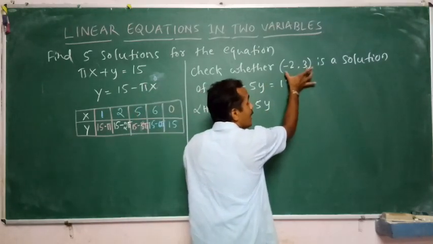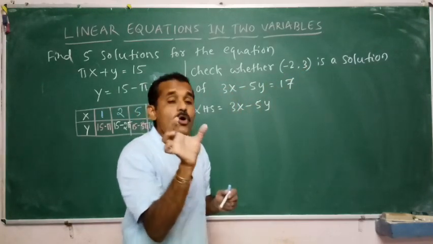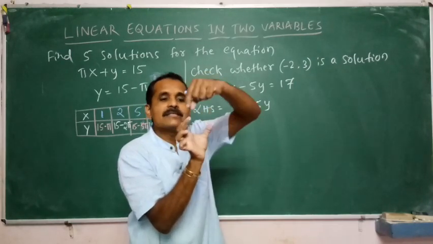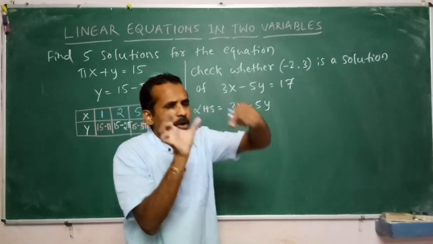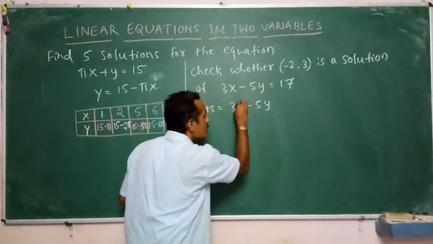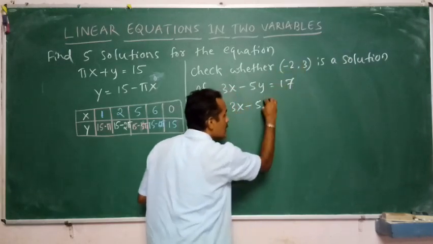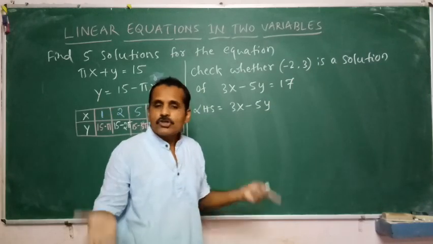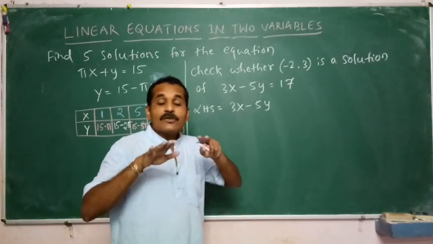In the place of x, I will substitute this value. My dear children, keep this point: this is called a coordinate. The first value represents the x value, the second value represents the y value. This is the value of x, I will substitute here, and this value I will substitute here. If I get the answer 17, I can say it is a solution of the equation. Otherwise, it is not a solution.